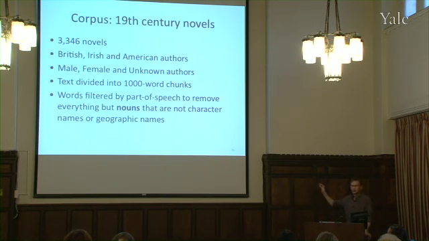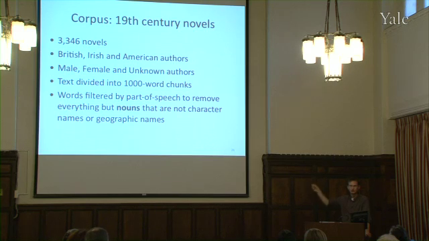There's been a fair amount of work done on identifying author gender. So we know that George Eliot is female, for example. There's slightly more male authors, and there's a smaller but significant collection of authors for which we really do not know their gender.